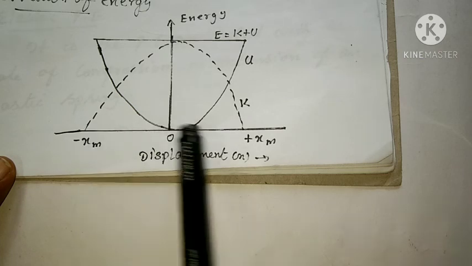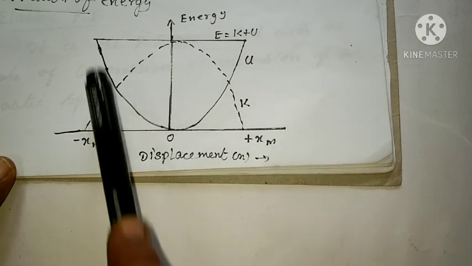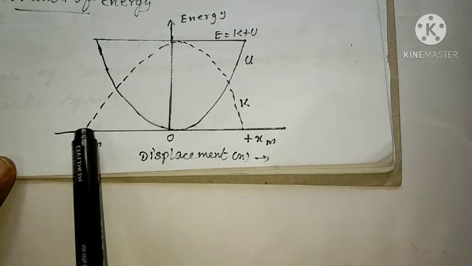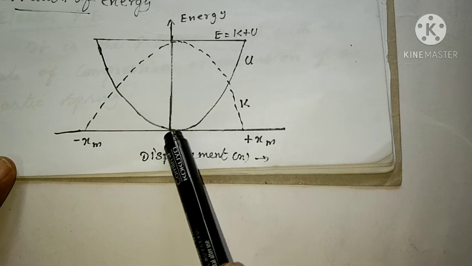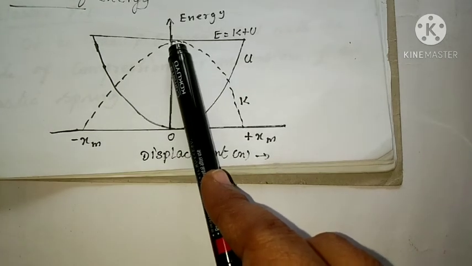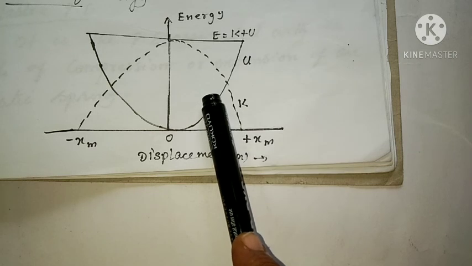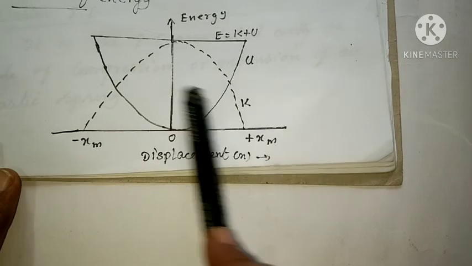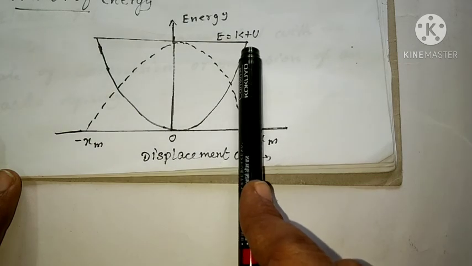At the extreme position, potential energy is maximum and kinetic energy is 0. At the equilibrium position, potential energy is 0 and kinetic energy is maximum. So this is the energy displacement curve. This represents the conservation of energy, and this straight line represents the total energy. Clear?